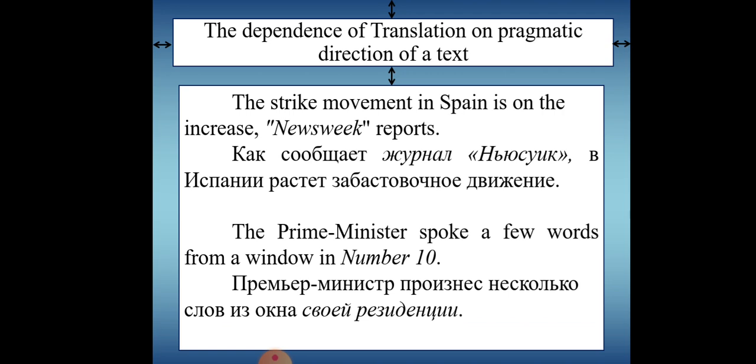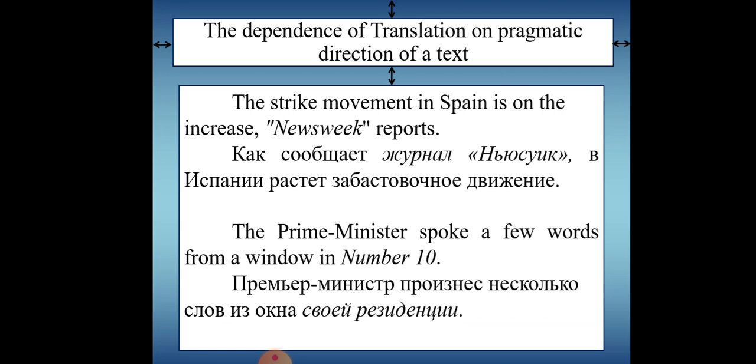For example, the strike movement in Spain is on the increase, Newsweek reports. It is translated as «Как сообщает журнал Newsweek, в Испании растет забастовочное движение». As you see, the translator added the word «journal» because the target receptor may not know that Newsweek is a magazine.